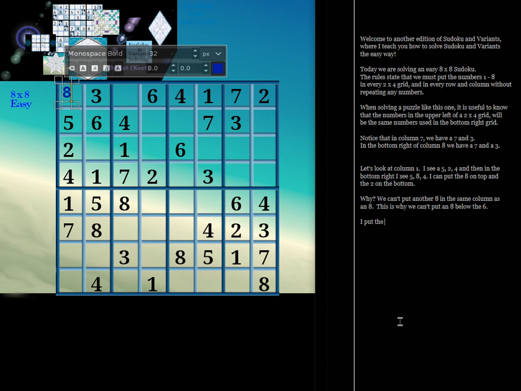I put the 8 in the only empty square on the top left, and put the 2 in the bottom right square.